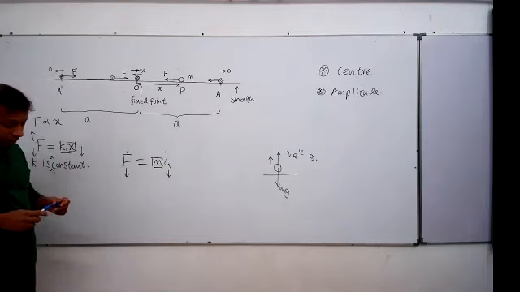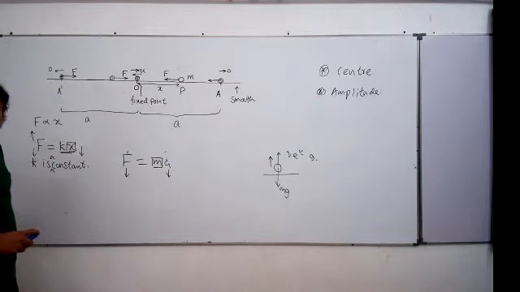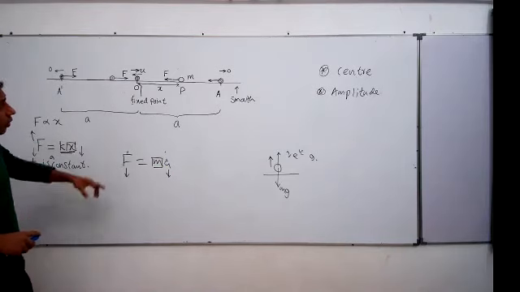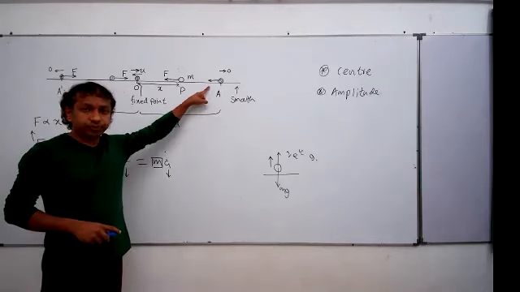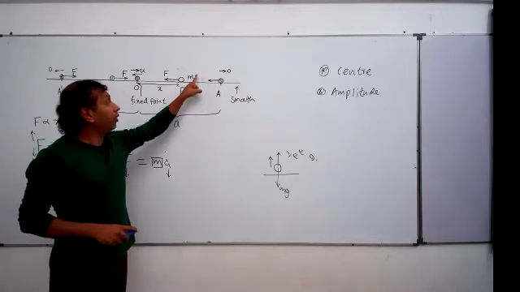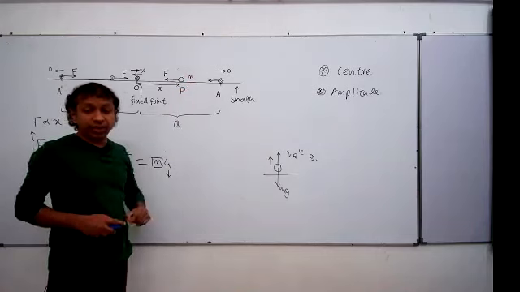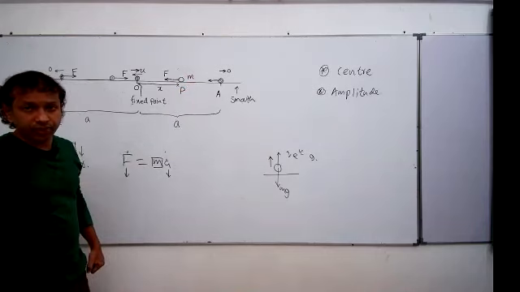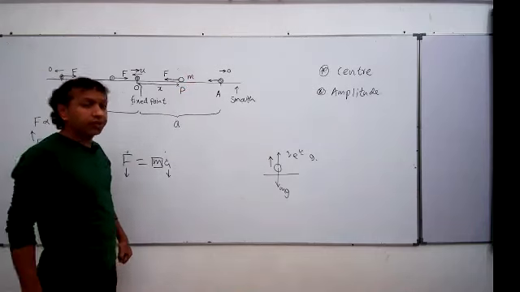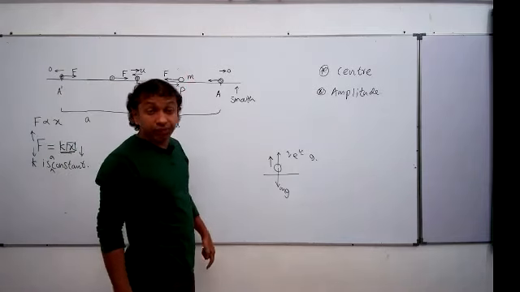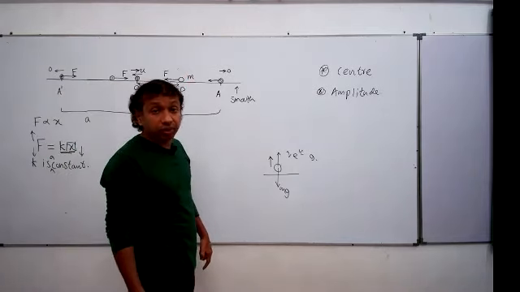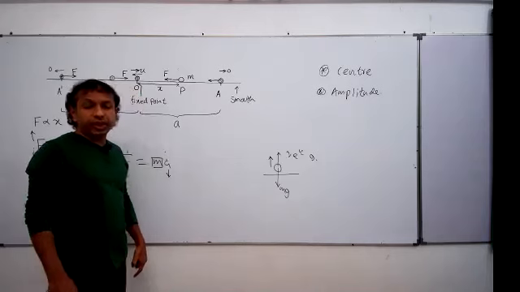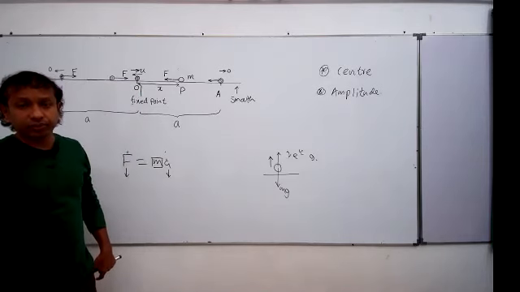And the other thing is, in this case, the plane is smooth. And while the particle is moving, there is no air resistance. So therefore, for any reason, there is no loss of energy of the particle.